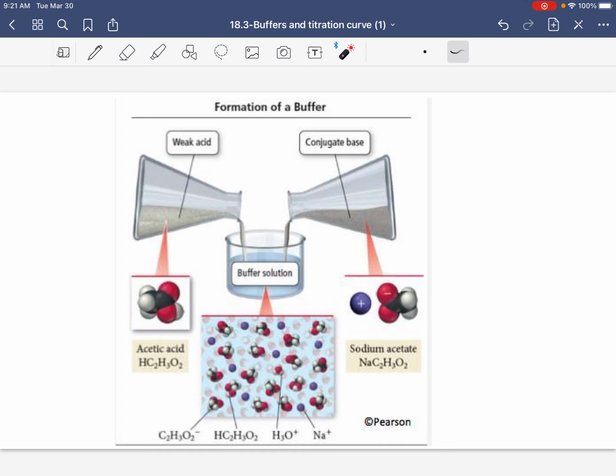So here's a little schematic diagram showing you how to make a buffer solution. You take some weak acid, in this case acetic acid. You take some conjugate base of this weak acid, which in this case is the acetate, but of course you don't pour in acetate, you pour in sodium acetate. It has to be a real compound. The reason for this is very simple.